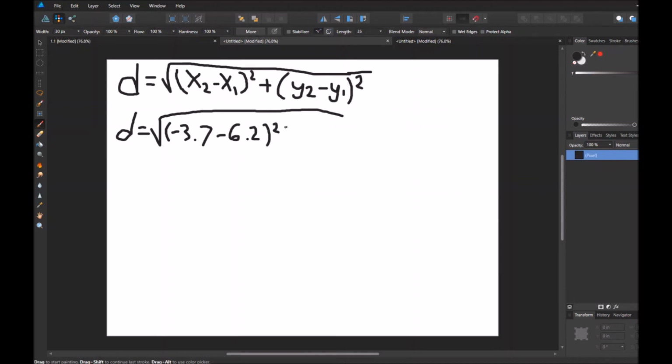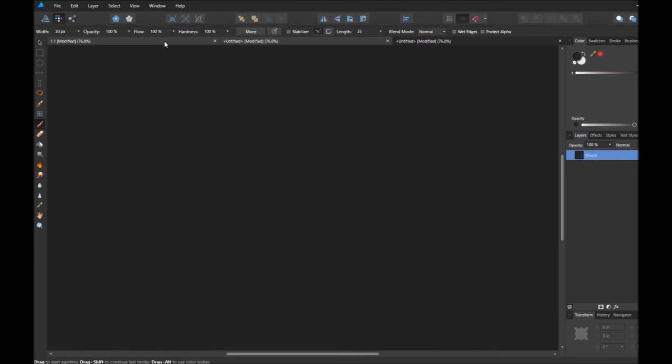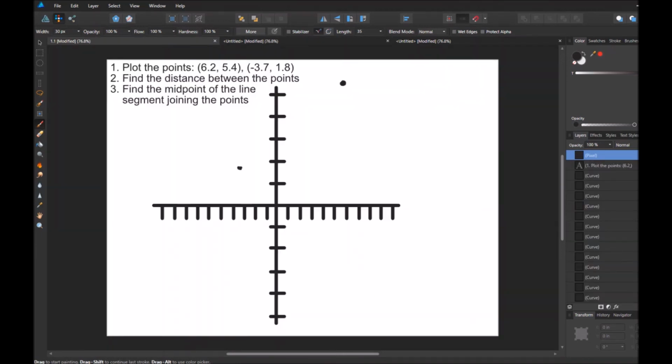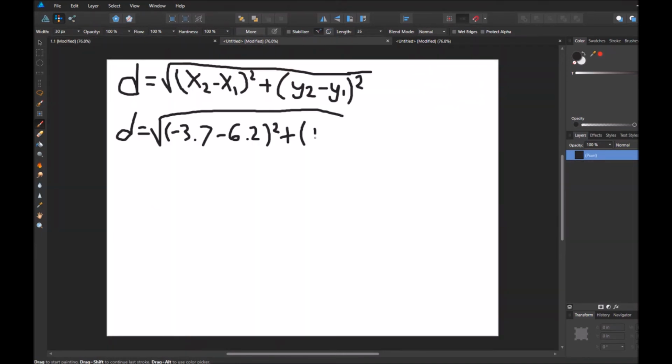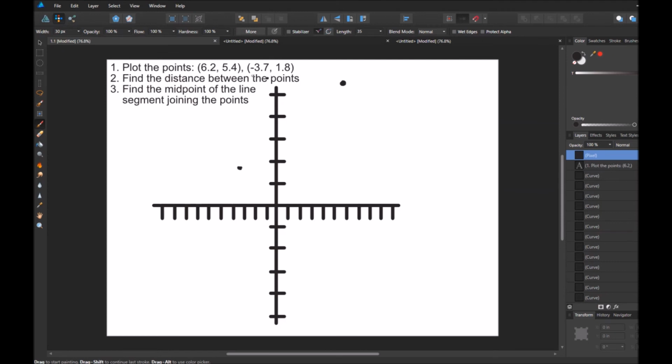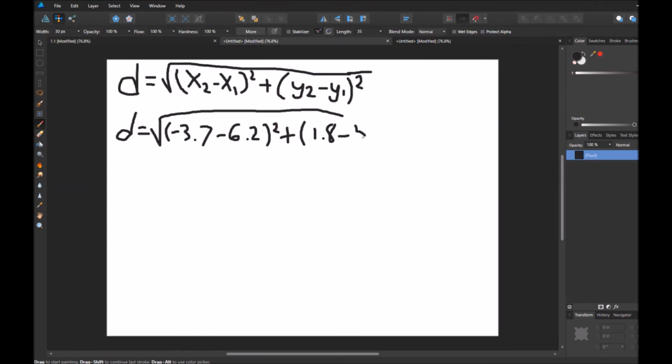And then that's going to be squared. And then our y2 is going to be 1.8, and that's going to be minus 5.4. And all of that's going to be squared as well.